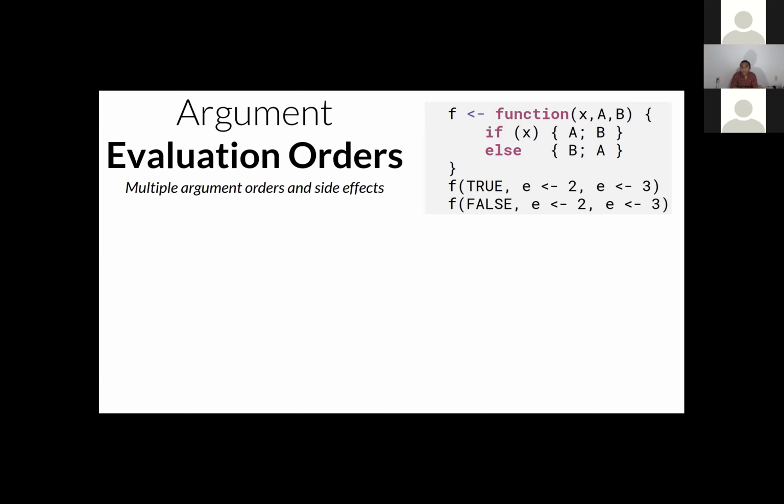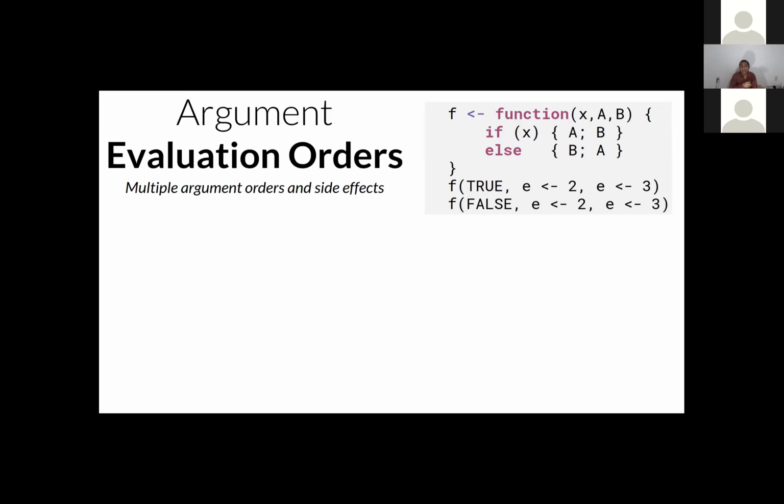Now depending upon whether x is true or false, the final assignment to e will be different. So because of laziness, the two side effects are interfering, and the two calls will result in different values of e. What's interesting here is that this function has to be lazy. There is no way to convert it into a strict function, because if we convert it into a strict function, we will have to choose one particular order of evaluation of arguments, which will break at least one of the calls.